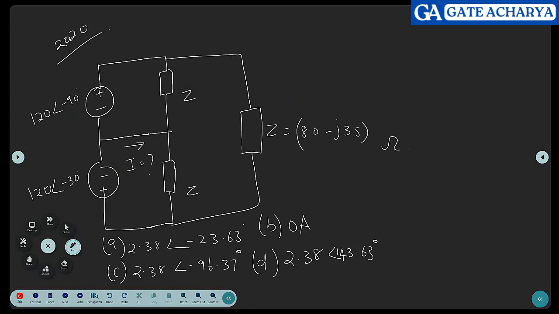All the three impedances are the same: Z, Z, Z. Z value is given. It's not three different impedances. It is the same impedance.